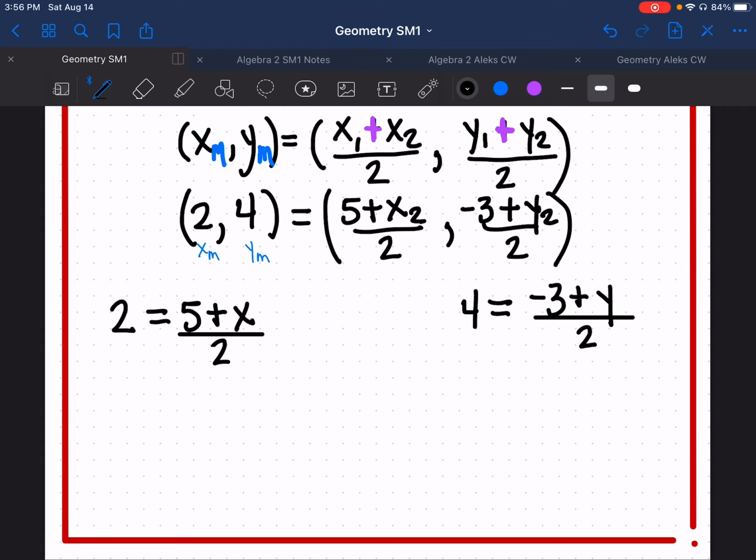So here we go. To solve this equation, I actually must get rid of the division bar first, because it is acting like parentheses. If you think about PEMDAS, Please Excuse My Dear Aunt Sally: parentheses, exponents, multiply, divide, add, subtract.